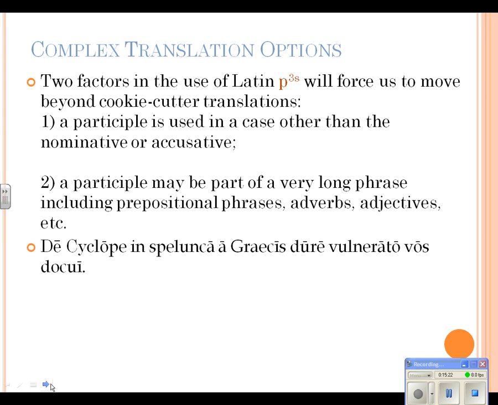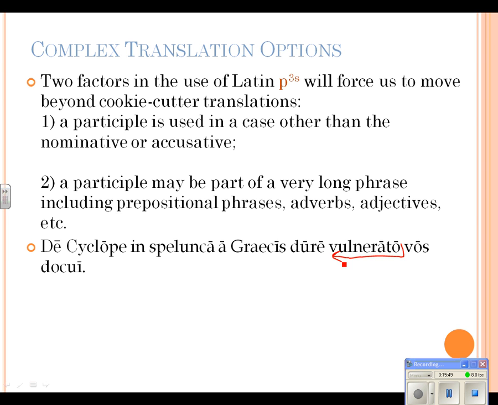I'm going to ask you guys, where is the participle? Vulnerato. Now tell me what vulnerato describes, and I'm assuming that it is not vos. It isn't Graikis, and I'll tell you why.